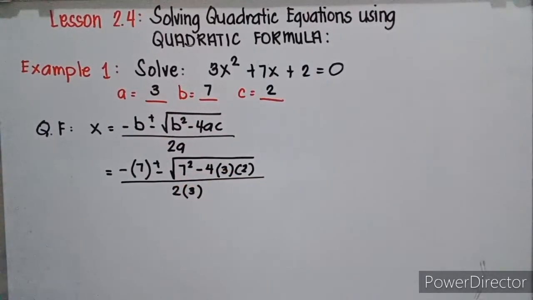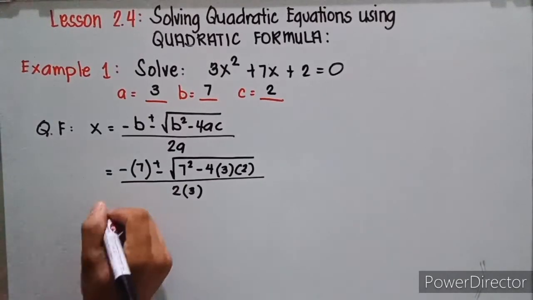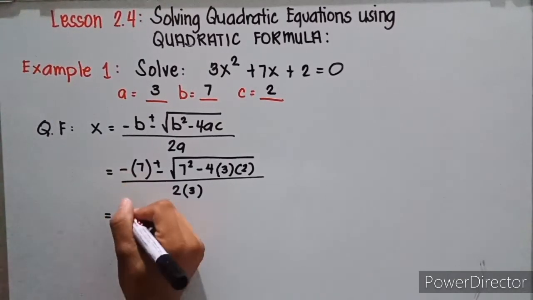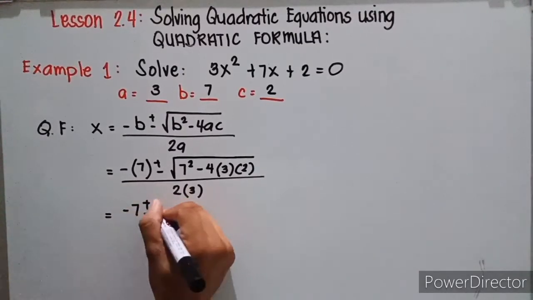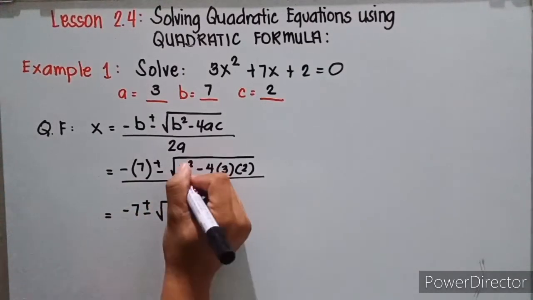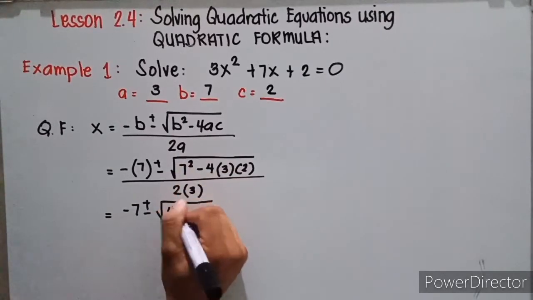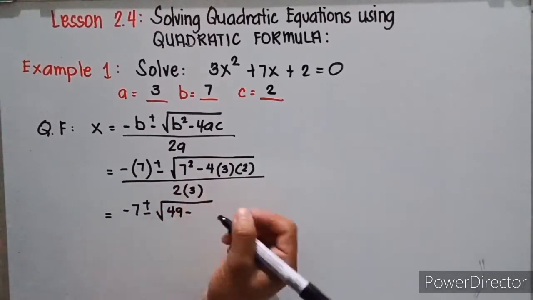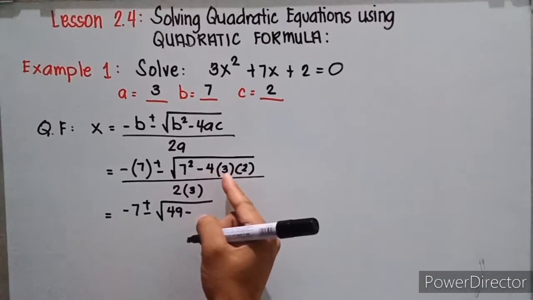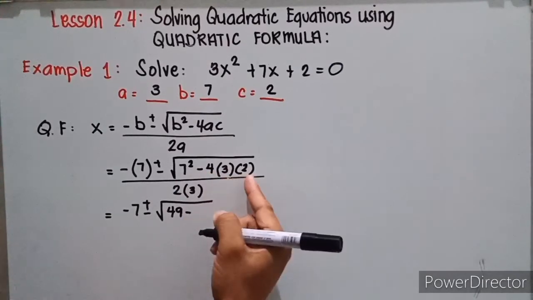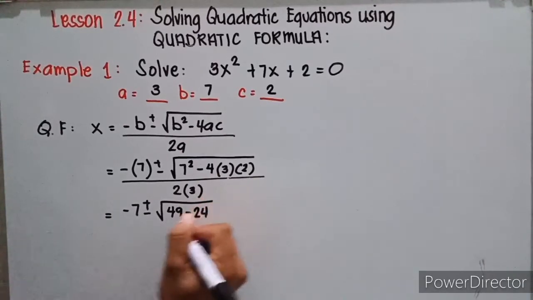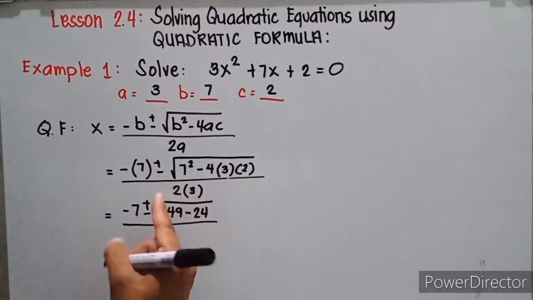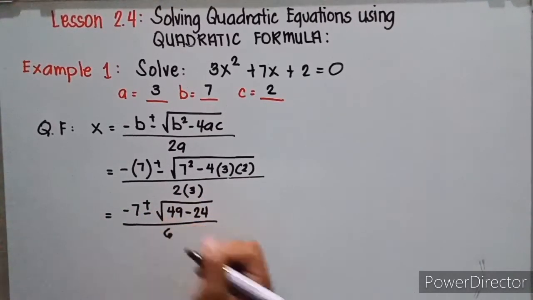Okay, then we are going to simplify. So we have negative times 7 is negative 7 plus or minus square root of 7 times 7 is 49 minus 4 times 3 is 12 times 2 is 24, all over 2 times 3, that is 6.